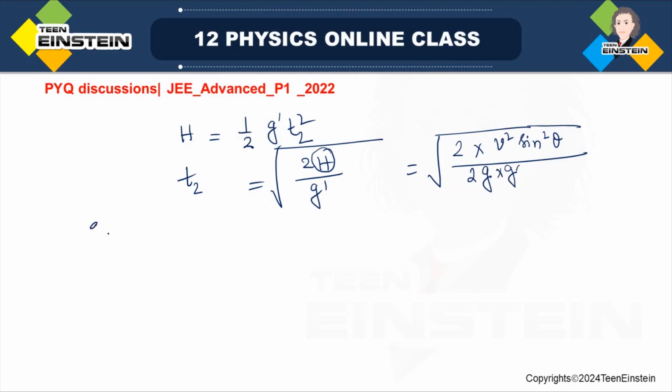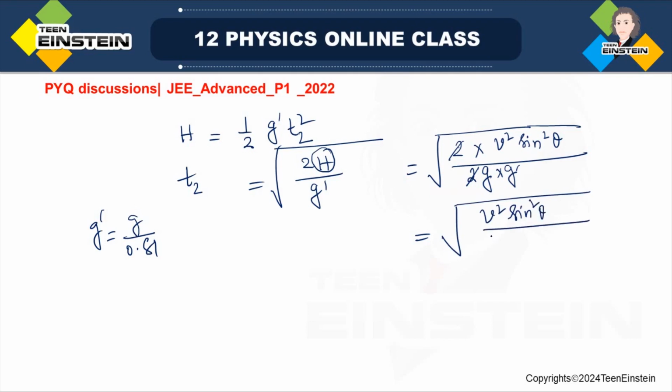And g prime we have been given as g by 0.81. Right, so let me write this. So this g, this two I can cancel, and this will be v square sine square theta divided by, see, this is g square divided by this, I'll write here 0.81.